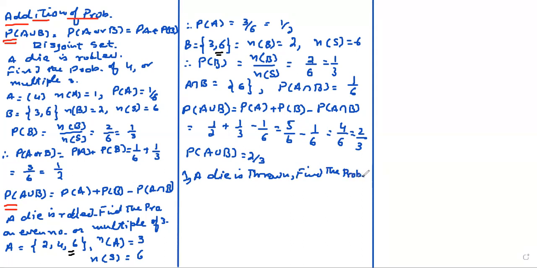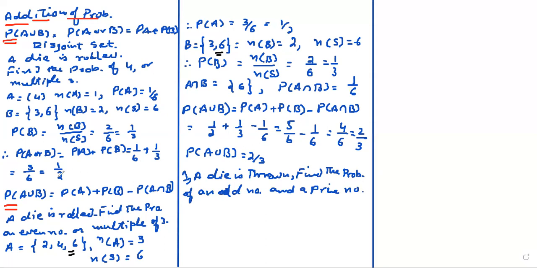Normally, these questions which have two steps come in the exams mostly. Find the probability of an odd number and a prime number. Okay, the question is clear.